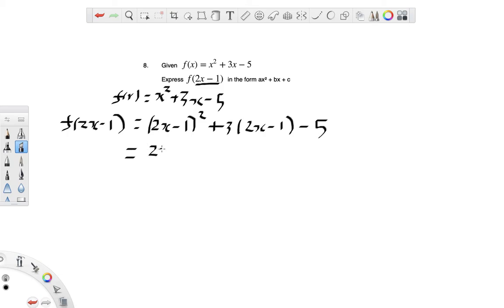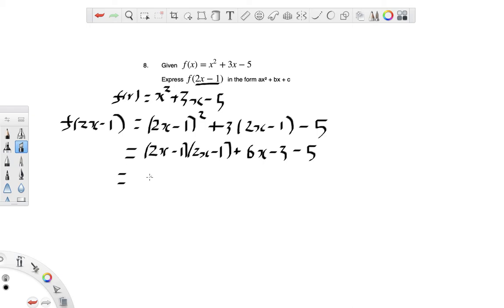We've got 2x minus 1, and then we'll also have 2x minus 1. But we can deal with this bracket here as it's already written in a form we like, so that would be 6x minus 3, and then we're minusing 5 from the end.